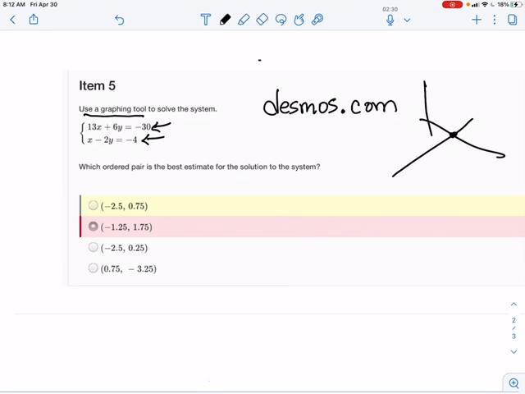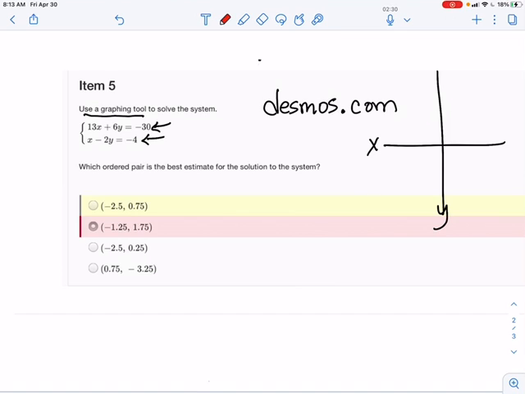Wherever that is, so here's the x-axis and here's the y-axis. Let me draw this again. Let's say one line looks like that, and then one line looks like that. I'm just making this up right now. This is not reflecting number 5 here.